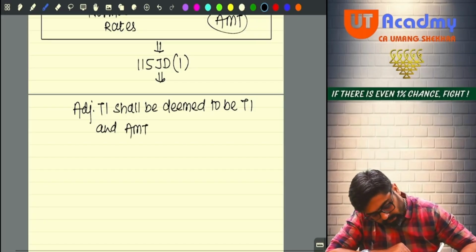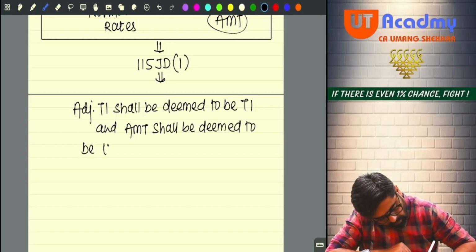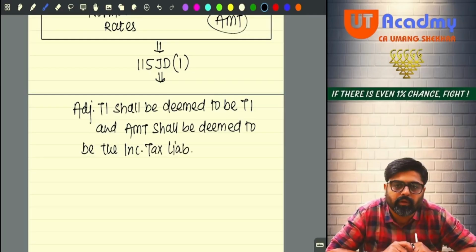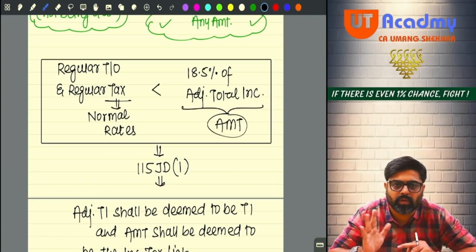alternate minimum tax shall be deemed to be the income tax payable, income tax liability. So now your income tax liability, which was regular tax, even that will be ignored. Your regular total income will be ignored.